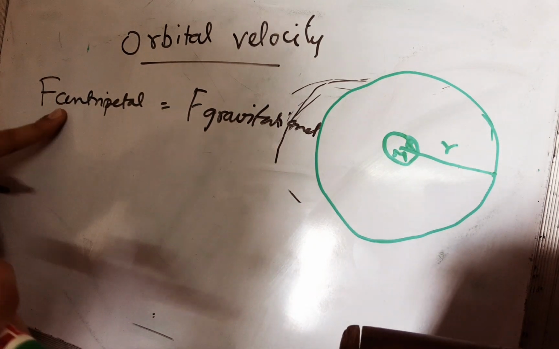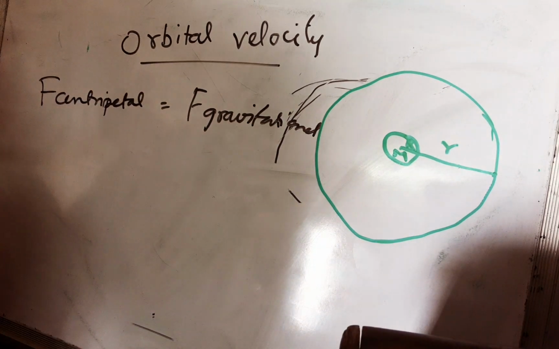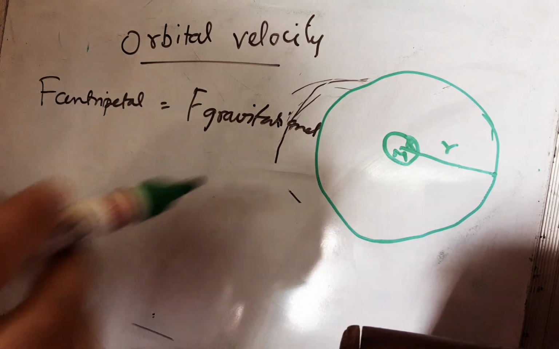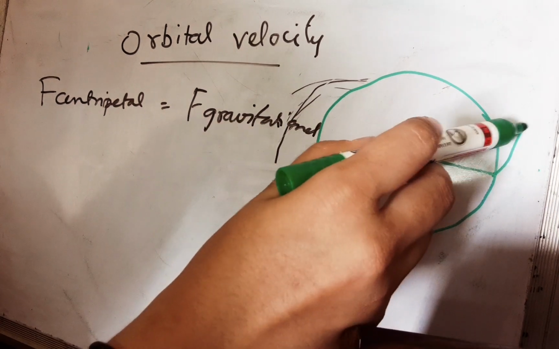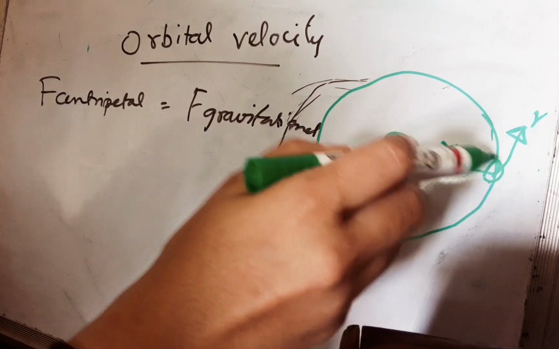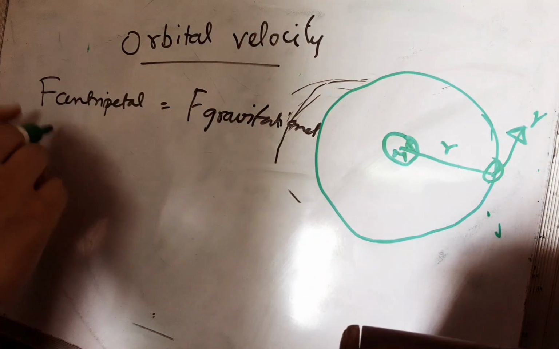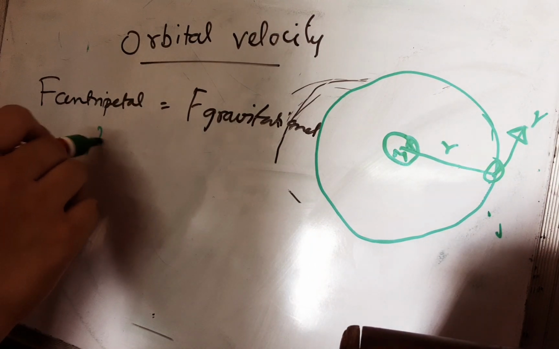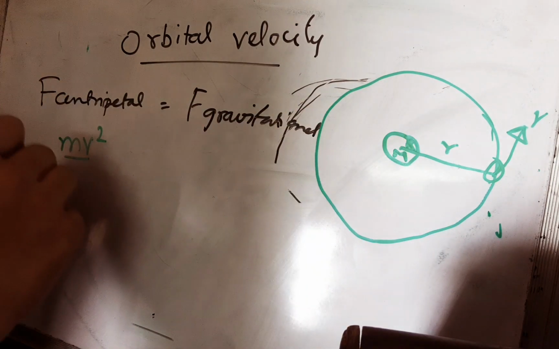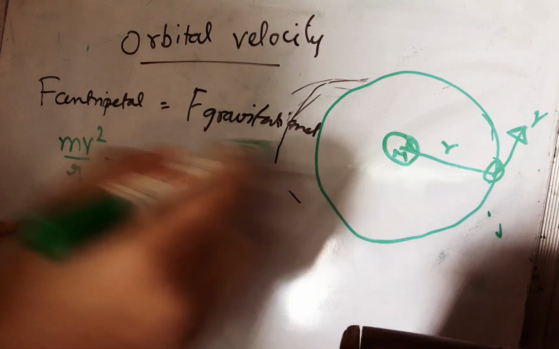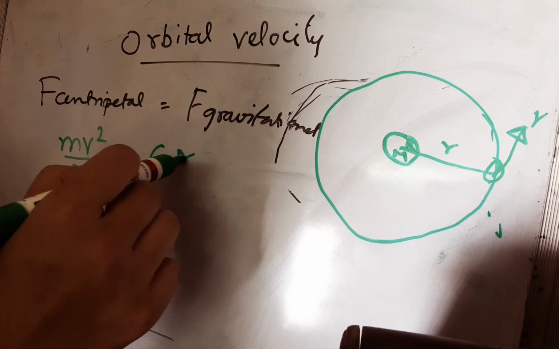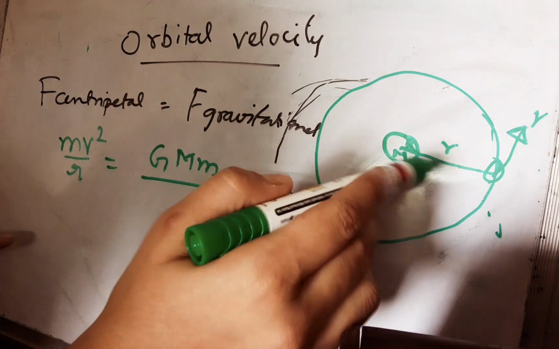So what will be the centripetal force? mv square upon r. So what is the velocity v over here? The velocity whatever the body is possessing to acquire orbital velocity only. So mv square upon this small r is equal to gravitational force GMm upon r square.